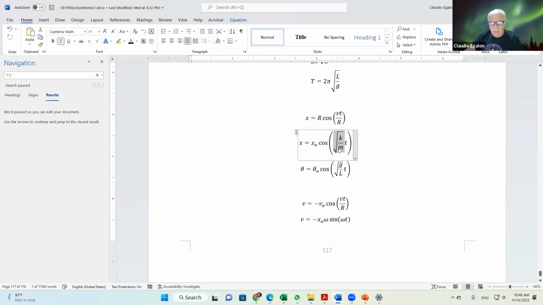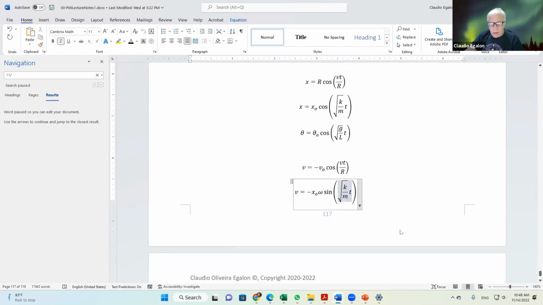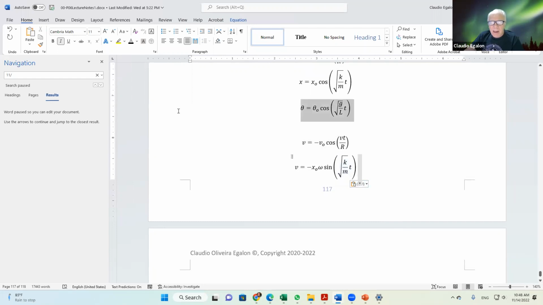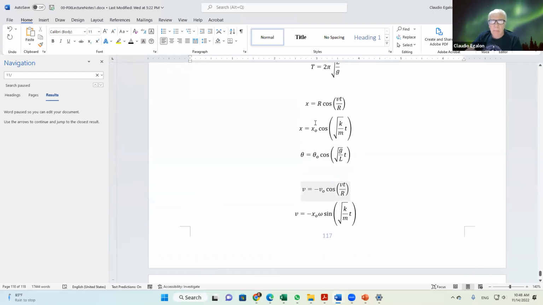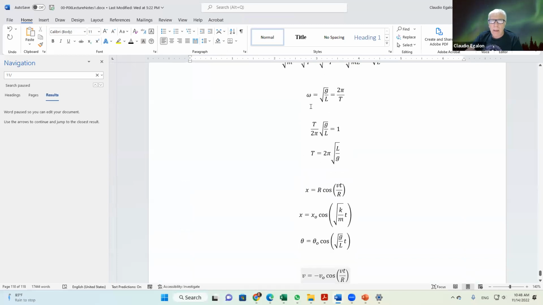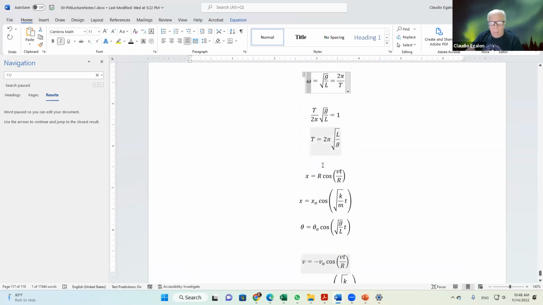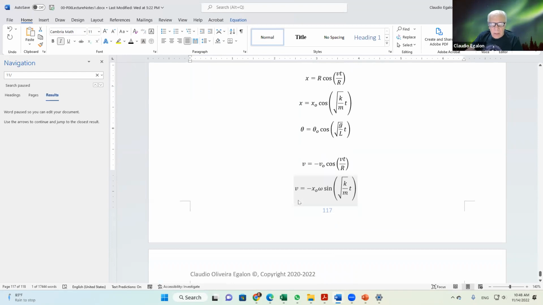Here, something similar. I'm going to put delta theta. I'm going to put omega prime here so you don't mix it up with the other omega. Omega prime is the angular velocity.